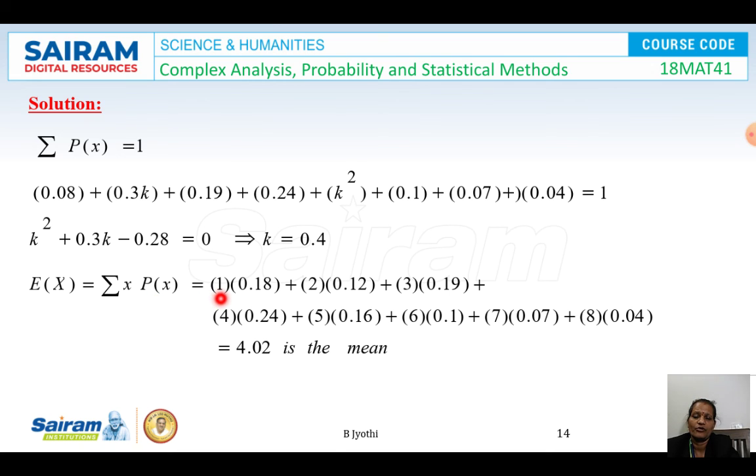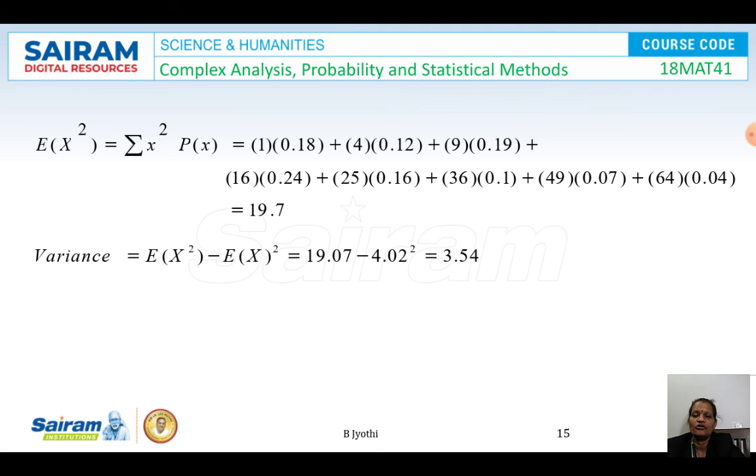Therefore 1 into 0.18 plus 2 into 0.12 plus 3 into 0.19 plus 4 into 0.24 plus 5 into 0.16 plus 6 into 0.1 plus 7 into 0.07 plus 8 into 0.04, and hence 4.02 is the mean of this function.